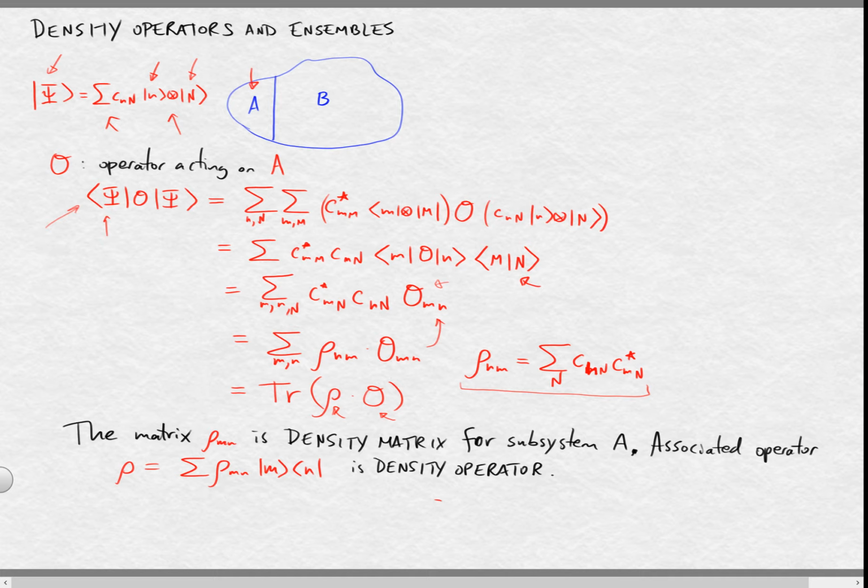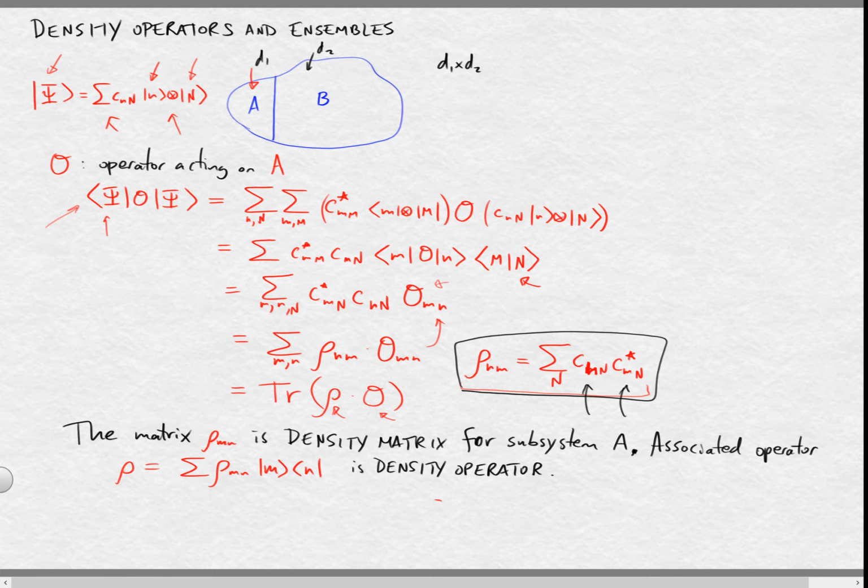Okay, so if you know this matrix rho, which you see is built from the data that defines the original state, it's not as much information. Let's say we have dimension D1 here and dimension D2 here. Remember originally we had D1 times D2 coefficients.